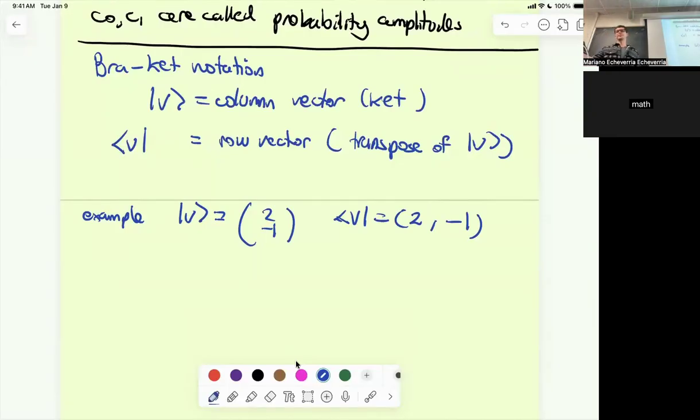This is a ket, this is a bra, and a bracket is when a bra meets a ket. What is a bracket? It's a fun way to write things out.